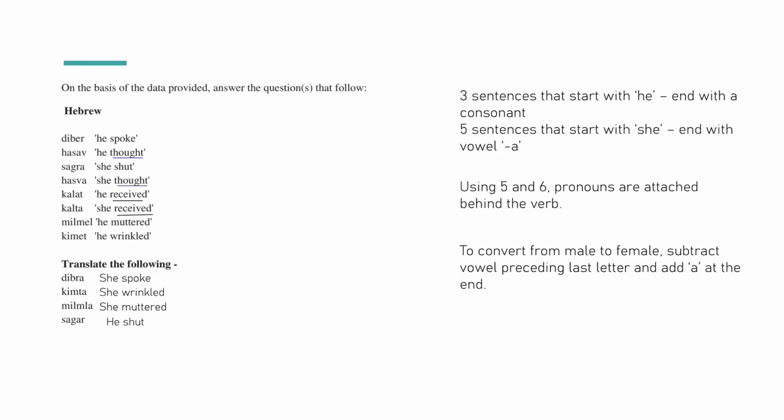If I ask you to tell me he shut, you wouldn't know if it's sagar or sager or sagor. And that's just a quirk of the language. There are probably more rules in Hebrew that allow you to navigate through these quirks, but we don't need them right now. Okay?